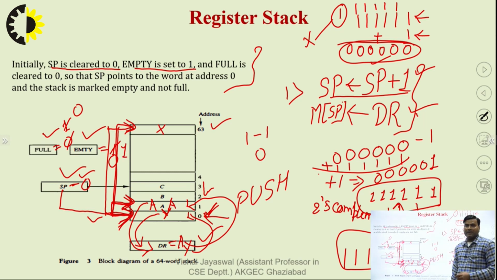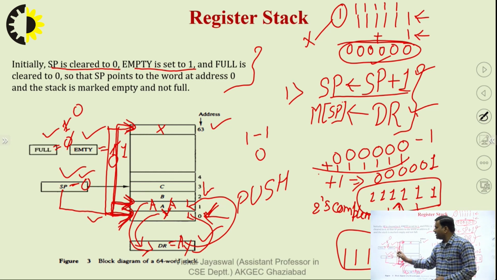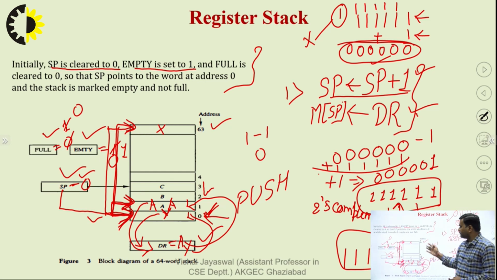These are the operations on the register stack, where full and empty flags are used for representing whether the stack is full or empty, and the stack pointer register is pointing at the top item on the stack. Basically, data registers are used for performing push and pop operations.